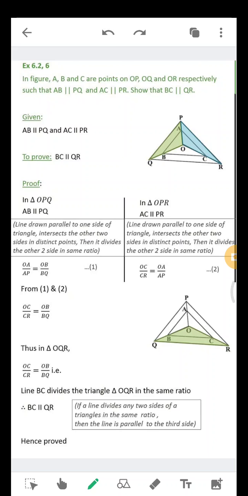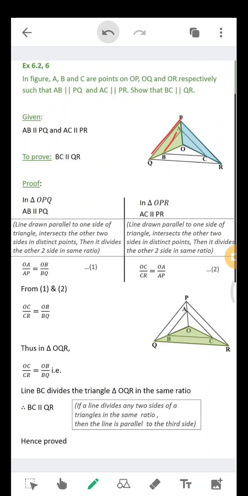So let's see how to solve this theorem. Again, we'll apply BPT here. I have taken what's given and what's RTP. Now I'll use BPT step by step. First I'll use BPT for the triangle OPQ, that is the green colored triangle. In this triangle OPQ, AB is parallel to PQ.